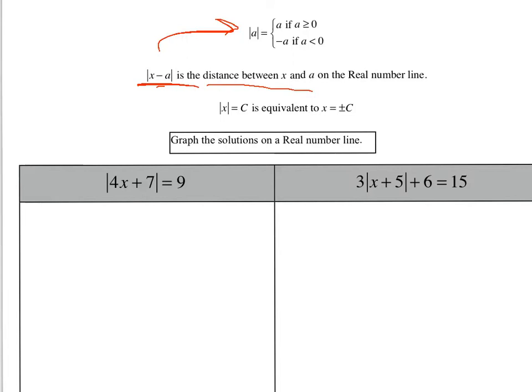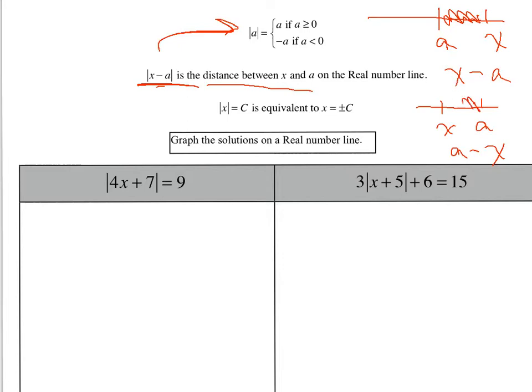Well, if you have, again, a fixed number a, and then you want to look at x, so suppose x is to the right side of a, then the distance between x and a is x minus a, because x is greater than a, and x minus a will be positive, and so x minus a will tell you the length of this segment. On the other hand, if x is to the left of a, then a is greater than x, and so the distance between x and a would be calculated by doing a minus x.